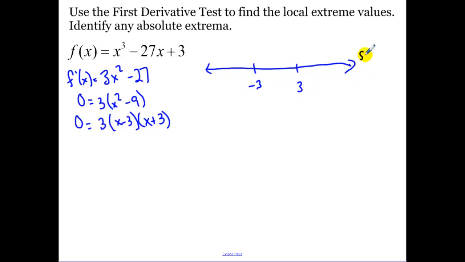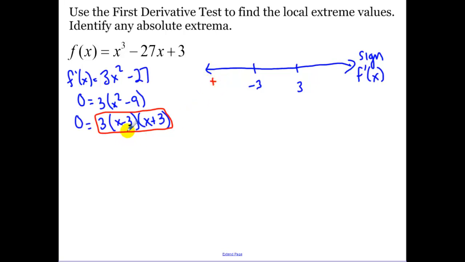And we're going to look at the sign of f prime of x. So use this equation. If I plug in a number less than -3, three is always going to be positive.